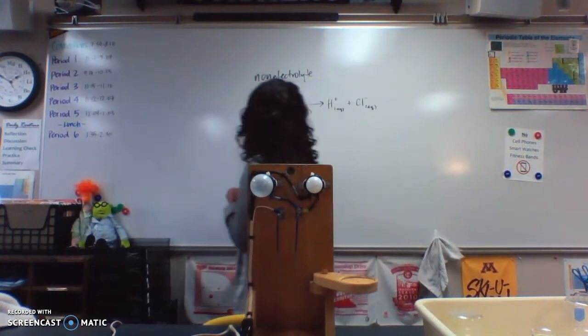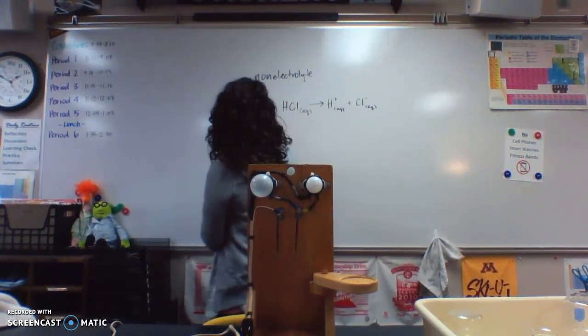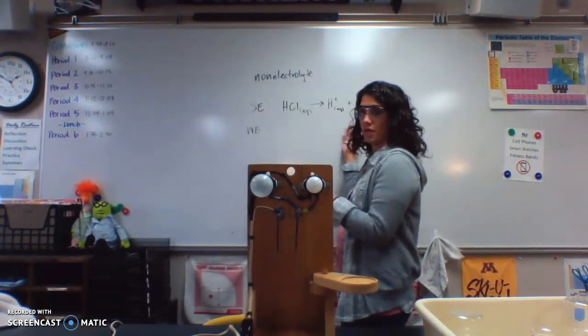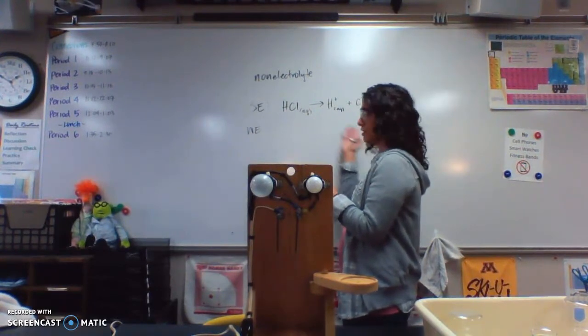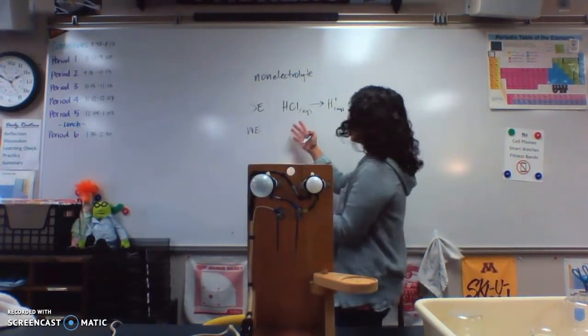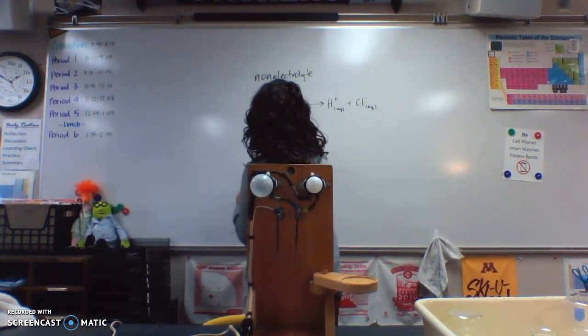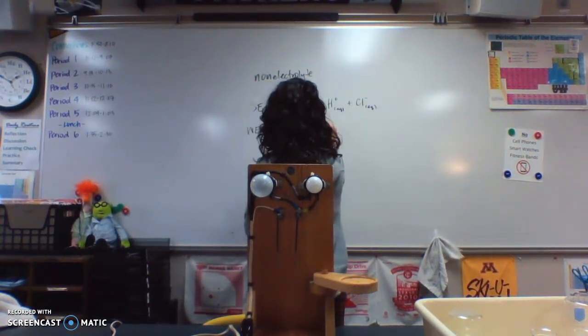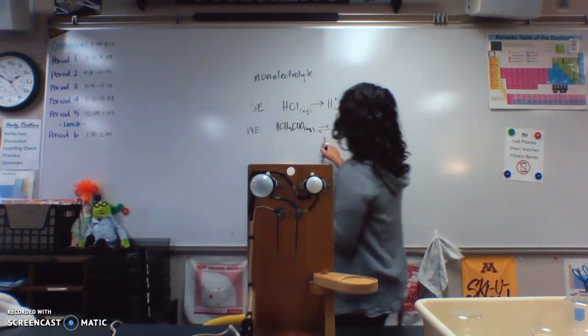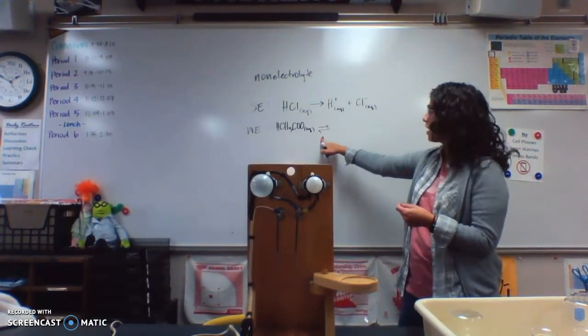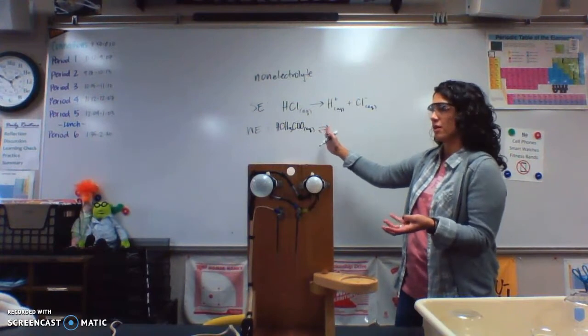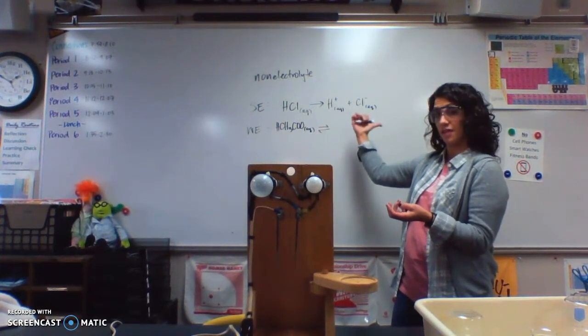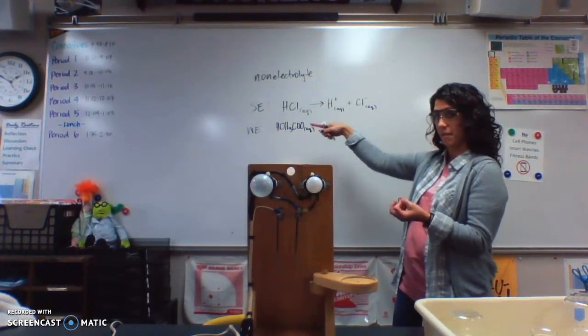A weak electrolyte, on the other hand, is when only some dissociates, only some ions exist, and you still have some of your starting material. So let's say you have aqueous acetic acid. The arrow looks like this, where you're going to get a double arrow. Some of it goes this way, but some of it also stays back this way.